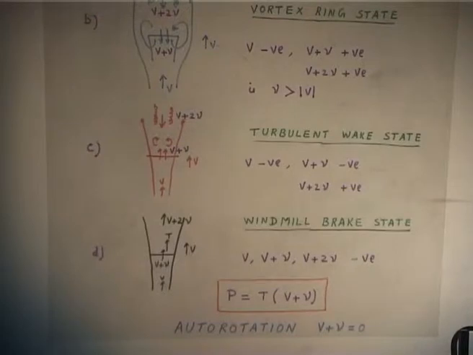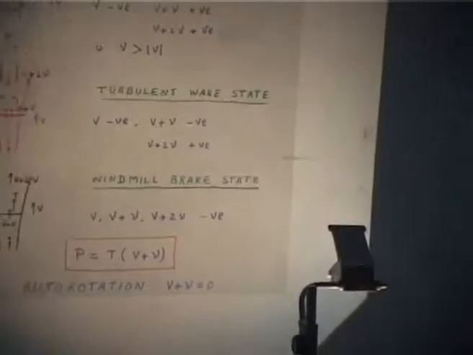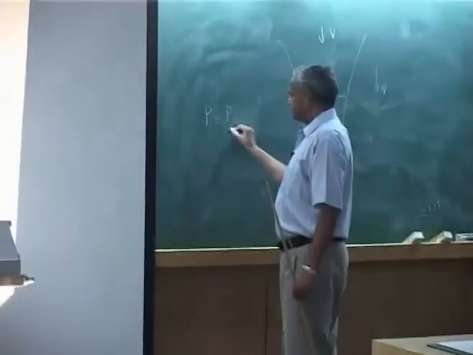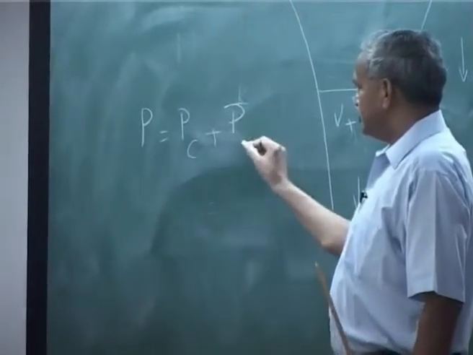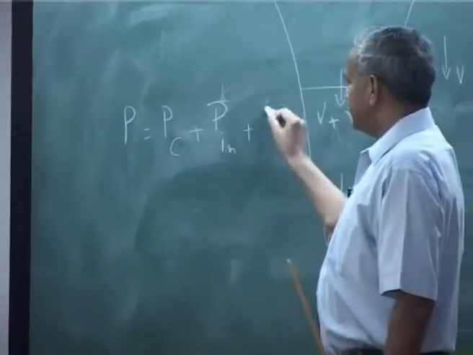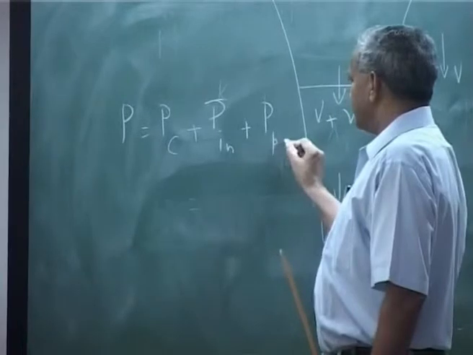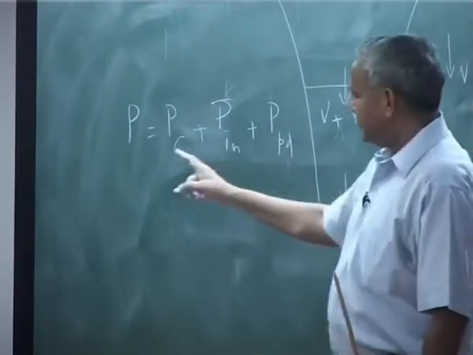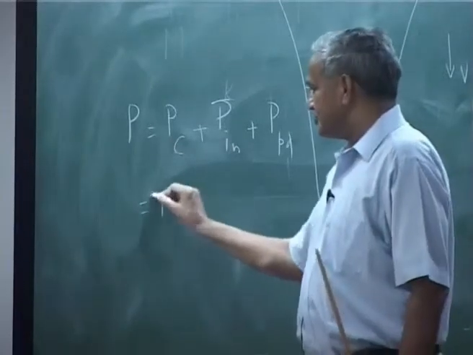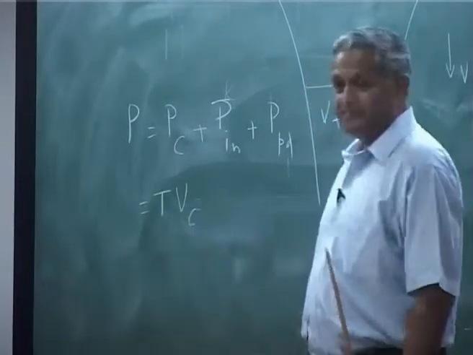Now, we had seen earlier when we defined the power, we wrote 3 terms: power climb, power induced, and then power profile drag. This is thrust into velocity climb.